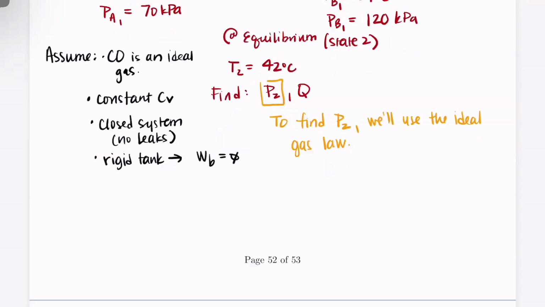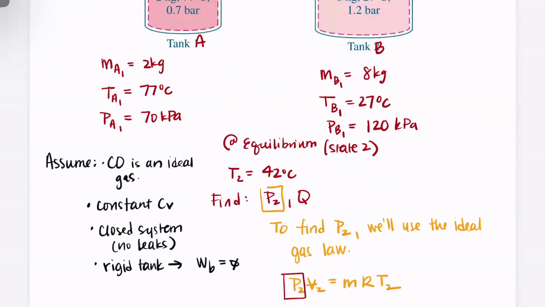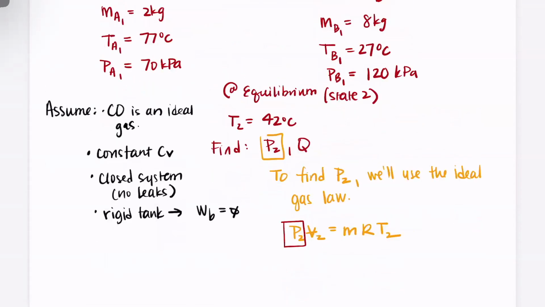All right, so we know that P2 V2 is equal to M R T2, right? We would like to find P2, right? And we are given, actually, let me call this M2.